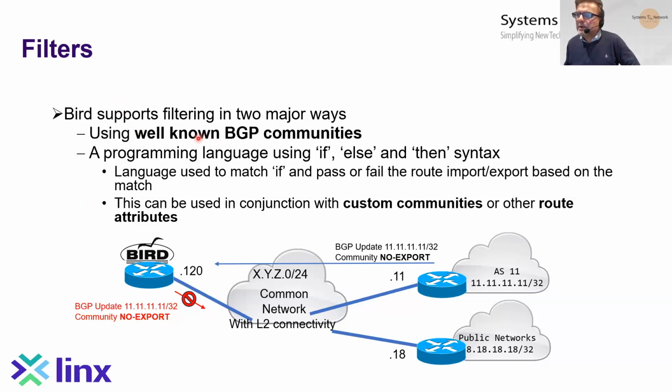So the first one is where we're using what we call well-known BGP communities. Well-known BGP communities are community strings that are used with our routing updates and are generally understood by all BGP routers.